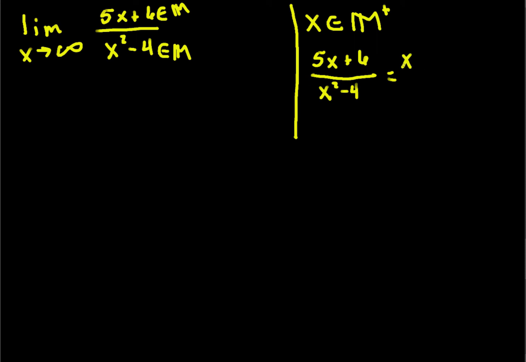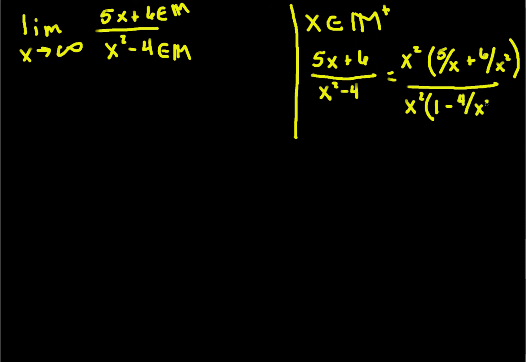Up here, we get x squared times 5 divided by x plus 6 divided by x squared. And on the denominator, we get x squared times 1 minus 4 divided by x squared, and the x squareds will cancel out.